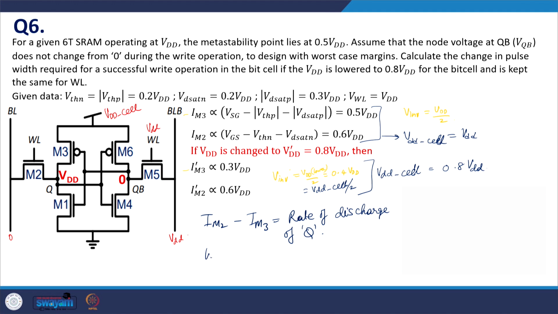Word line pulse width would therefore be inversely proportional to IM2 minus IM3. It should be kept inversely proportional to this, so that the discharge happens within a certain time. So, we can see that IM2 minus IM3 increases by around 3 times when VDD is reduced to 0.8 VDD for the cell, VDD cell.